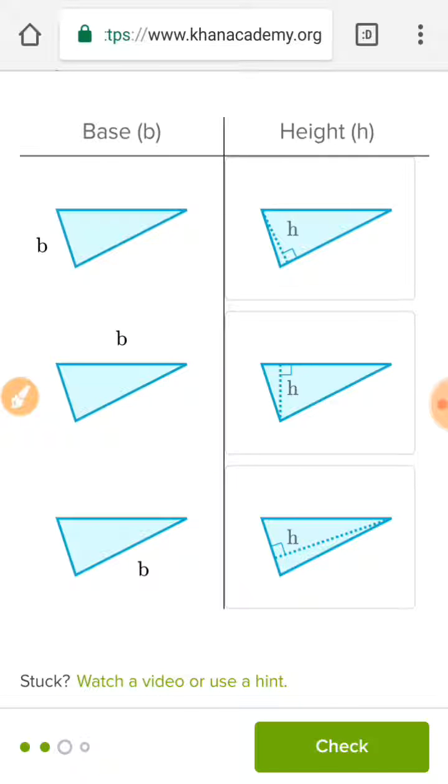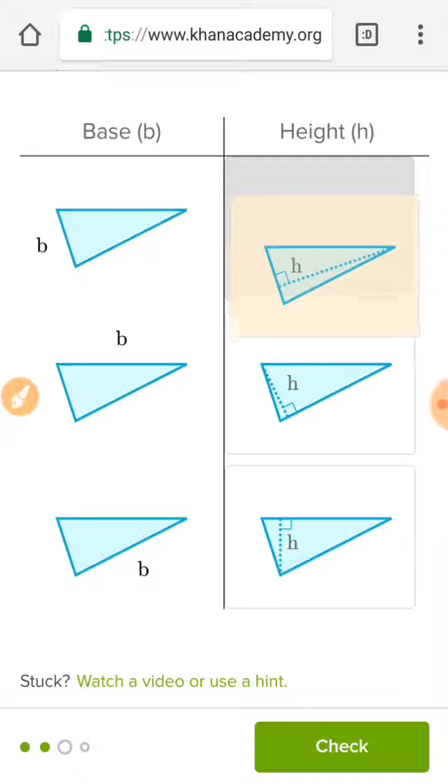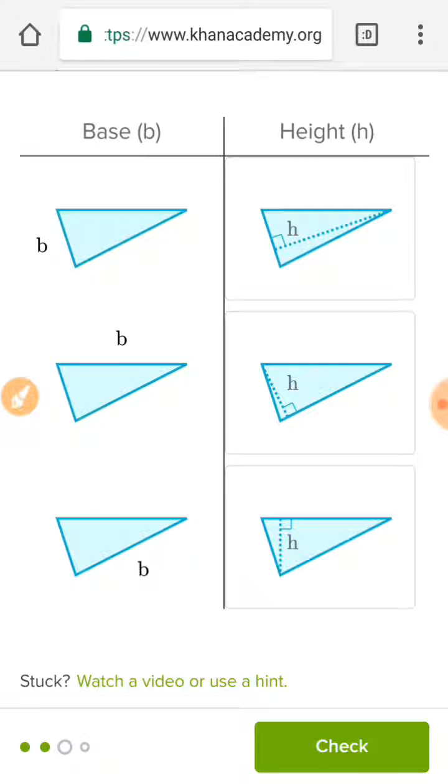So here, my base is right here. So I have a base here. That means that my height would have to be perpendicular, which would be this one here. So those are perpendicular. And if my base is here, my height would have to be perpendicular there. And if my base is here, it might be perpendicular there.